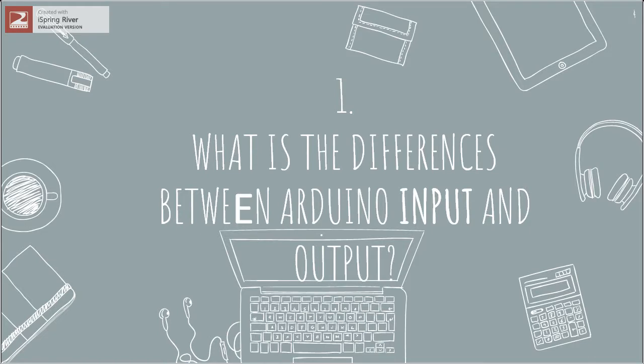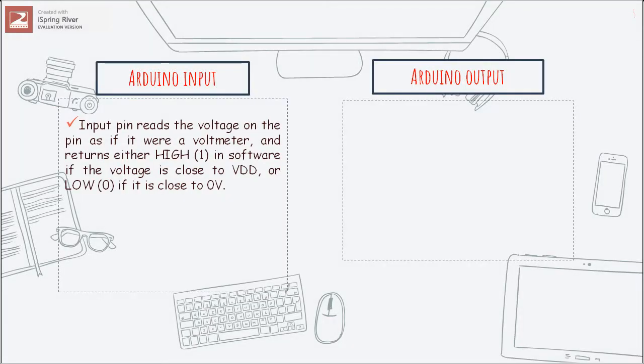Question 1. What is the difference between Arduino input and output? For Arduino input, the pin reads the voltage on the pin as if it were a voltmeter and returns a high, 1, in software if the voltage is close to VDD, or low, 0, if it is close to 0 volt.